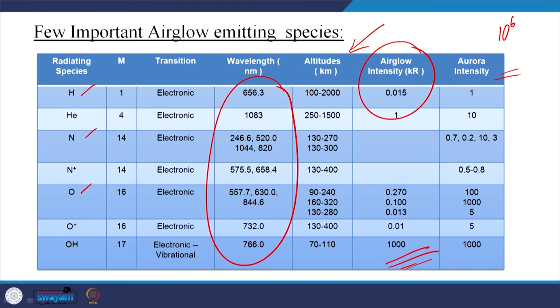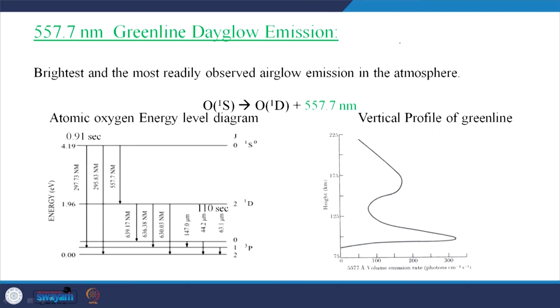So, the most important thing that you should understand is that the participating species will decide the color that you see in the sky of the aurora and airglow, and airglow intensities are very, very small in comparison to the intensities of the aurora. Now, let us look at two important airglow emissions which are most widely used in atmospheric research by the space physics community.